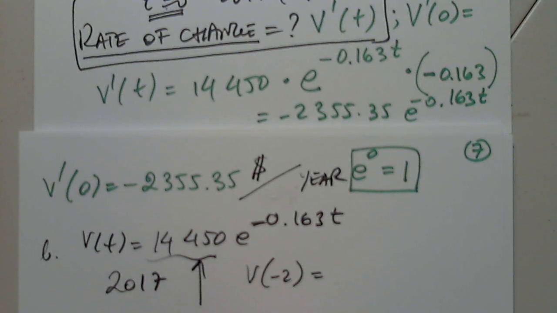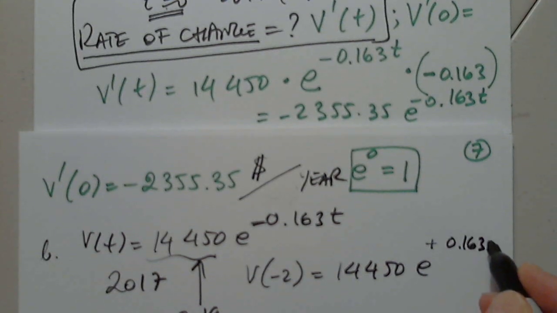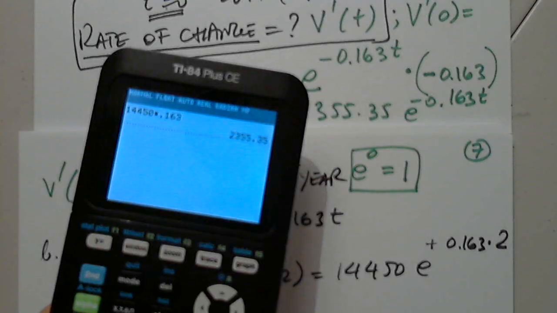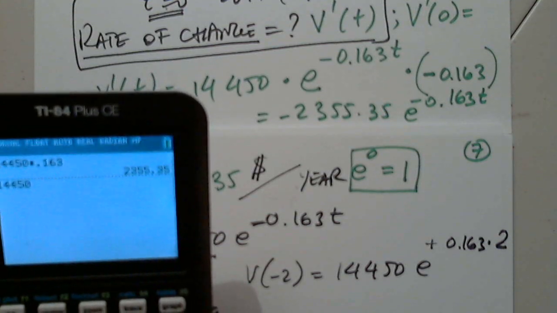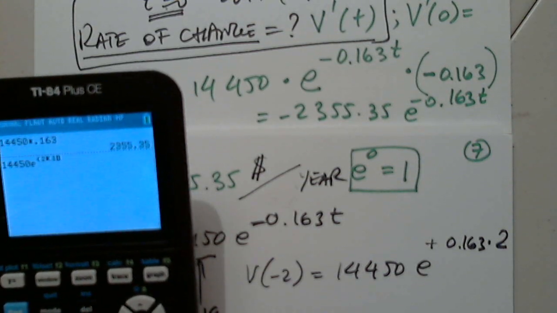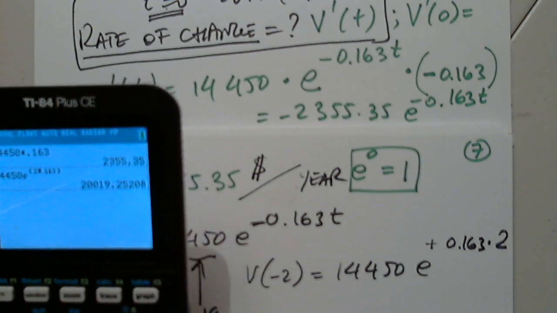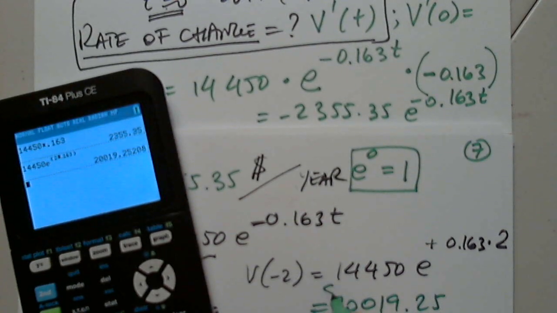So this is the value in 2019: 14,450 e to, because it's negative negative, I'm just going to put positive, 0.163 times 2. I have my calculator right here: 14450 times e to the parentheses 2 times 0.163, close. 20,019.25, and this is not a rate of change.